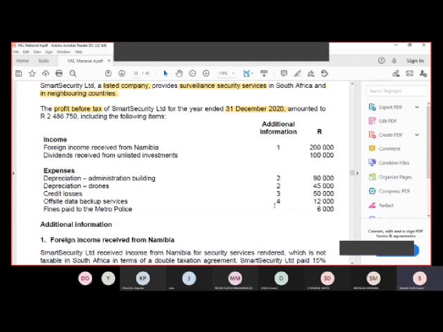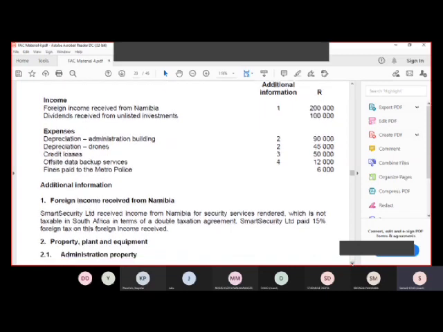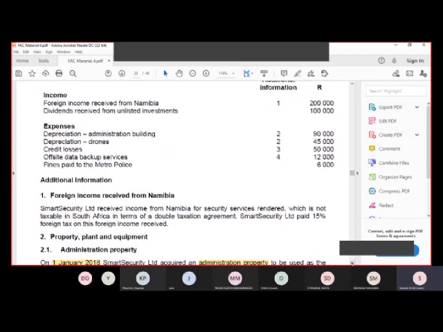Fines paid to the Metro Police. For tax purposes, what you must think of here, fines are not deductible. So the chances are that because you have deducted them from that profit there, you must then add them back, you see? So these are the things you need to remember because they've given you these things deliberately so that after reading the question, they will ask you questions. Remember that you need to add things, subtract things for a certain reason.